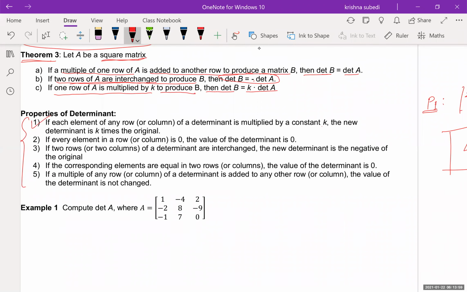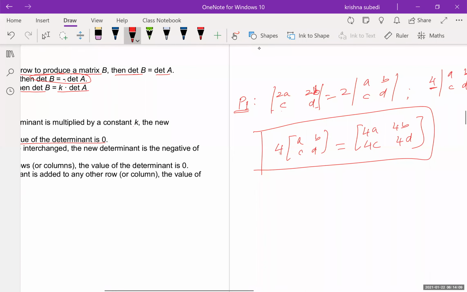Let's look at property number 2. If every element in a row or column is 0, the value of the determinant is 0. So property number 2, what it means is, suppose you have a determinant, let's say A, B, 0, 0, then the determinant will be 0.